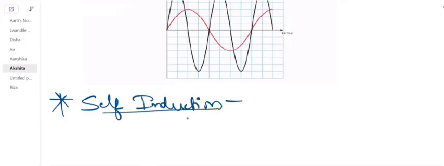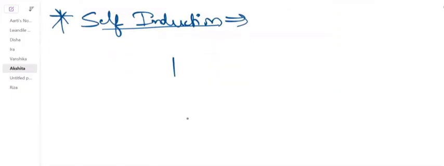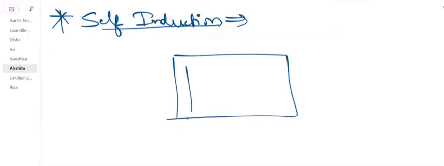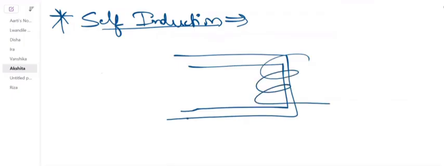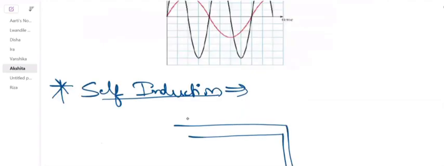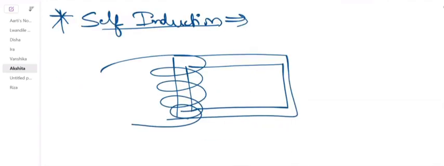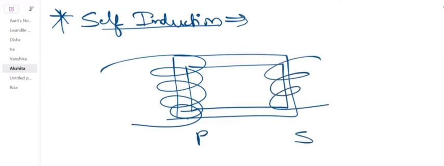Self-induction. Suppose this is a soft iron coil. One coil is winded here, one coil is winded here. This is primary coil, this is secondary coil.